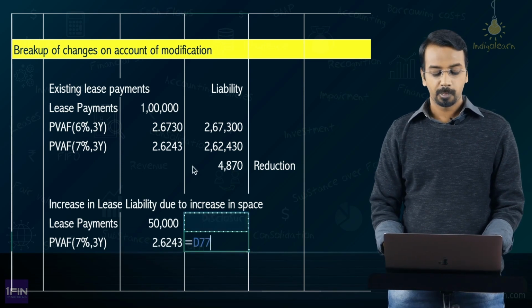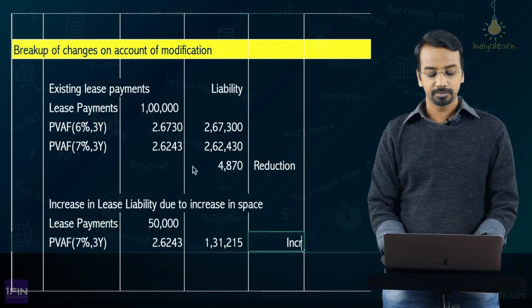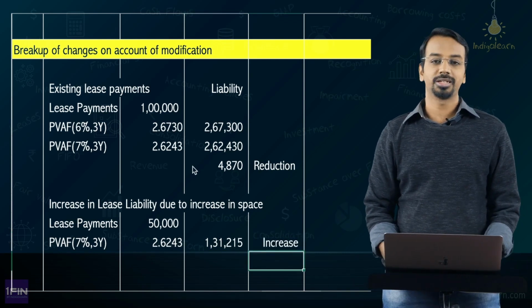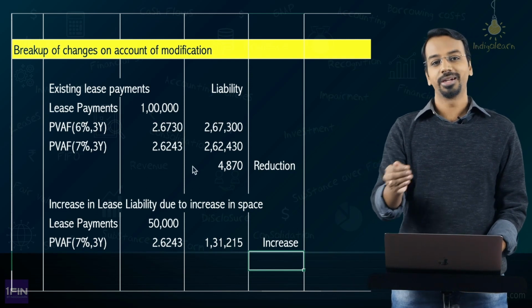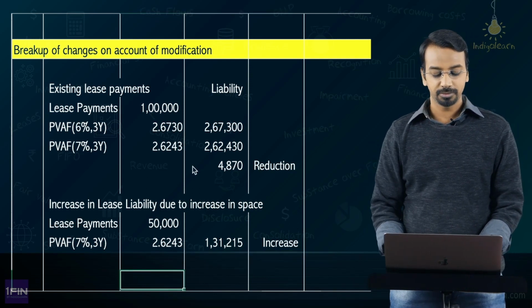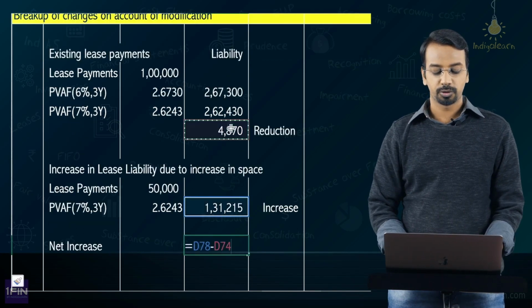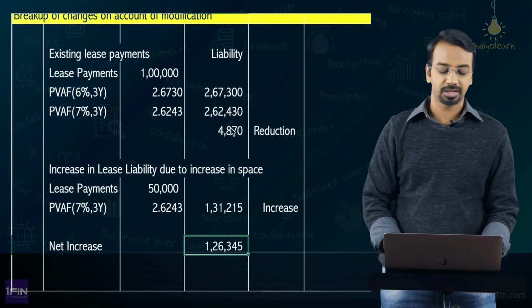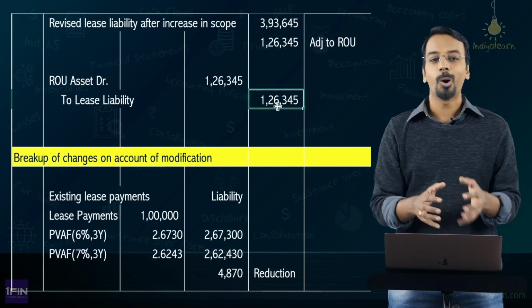So 50,000 multiplied by 2.6243. There is an increase to the extent of 1,31,215 because of the lessee occupying additional space. So net increase, if you see, which is 1,31,215 minus 4870, you get 126,345, and I think that is what we have got, right. So this is a breakup of the increase and decrease.